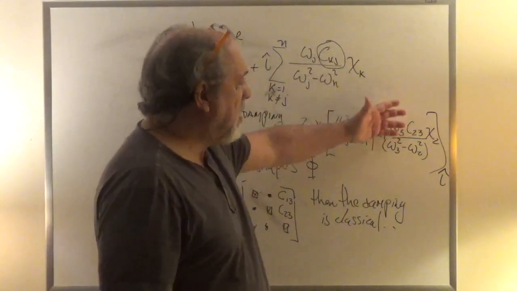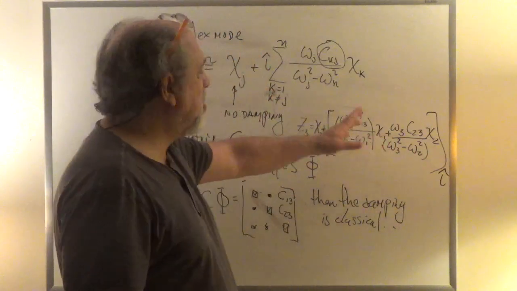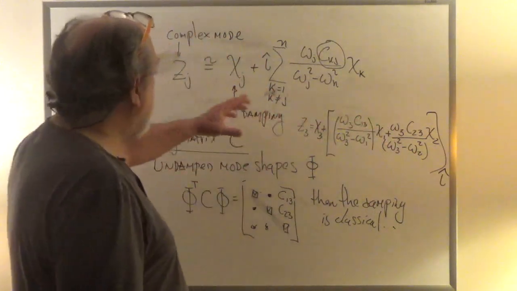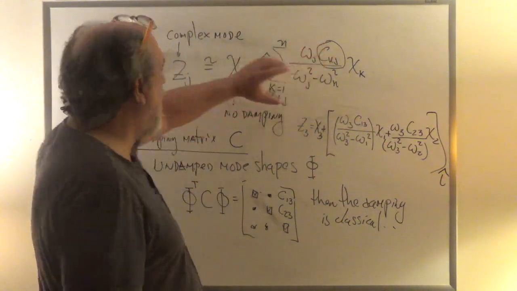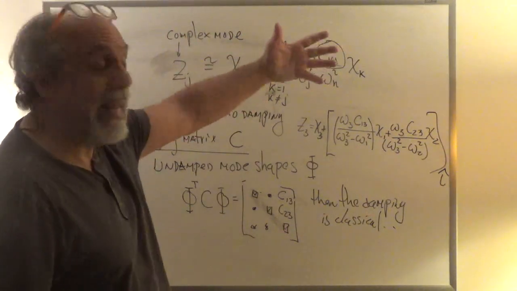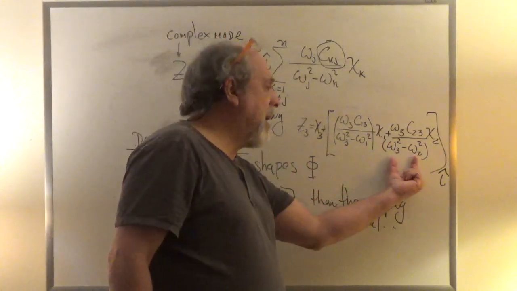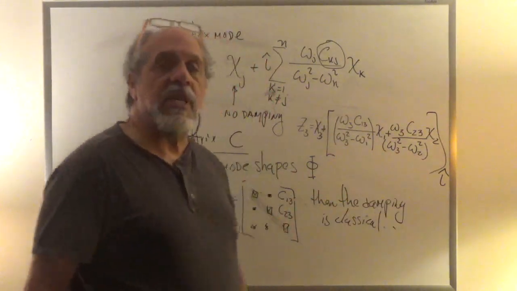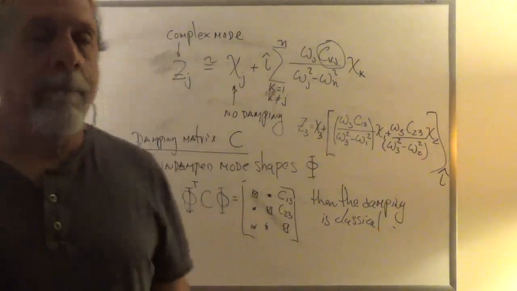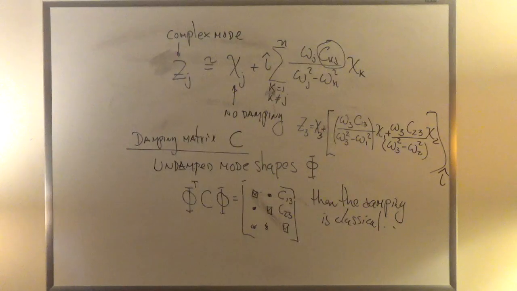And in general, as long as these two frequencies don't get close, then these terms are not very important, and we do not expect the imaginary part of the complex mode shape to be significant, so we can normally neglect it. The exception is if it turns out that two frequencies are close to each other, right? So if anything stays with you from this discussion, it is this.